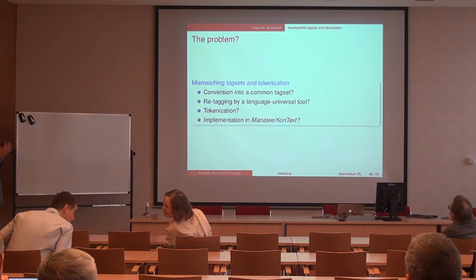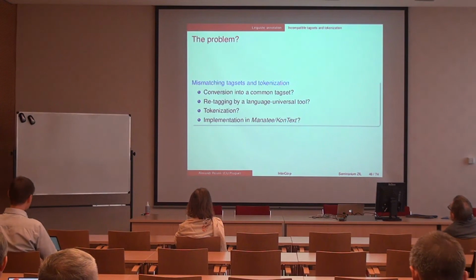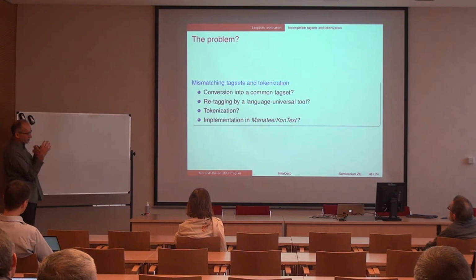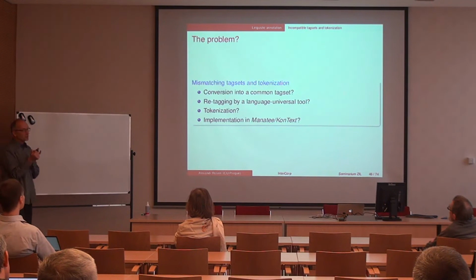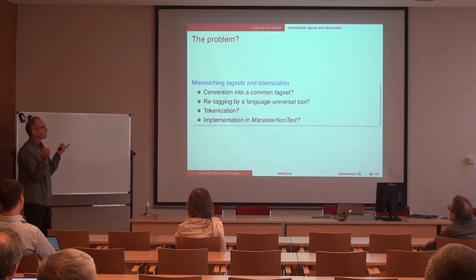What can we do with that multitude of tags? They are not really easily convertible into one another or into some common standard, and we also have different tokenization rules. So should we convert it into a common tagset? We still don't know what the common tagset should be.